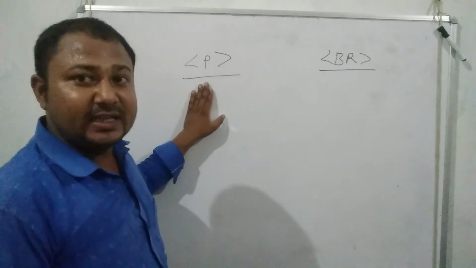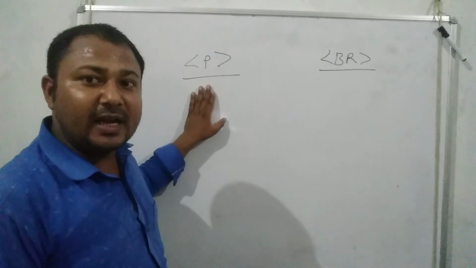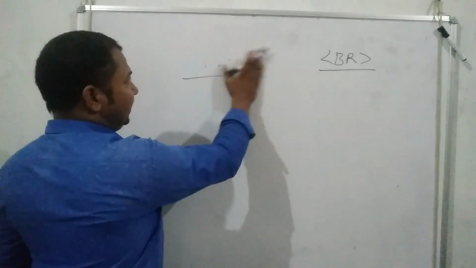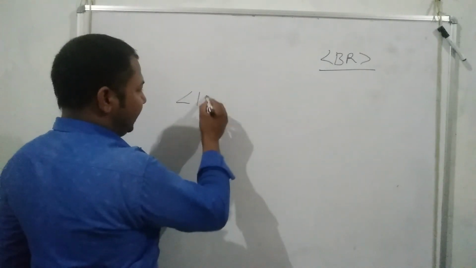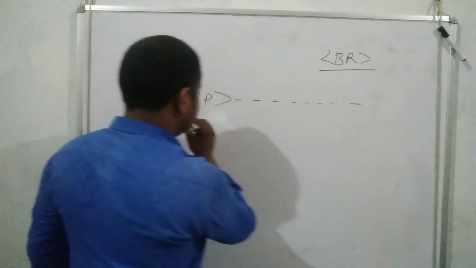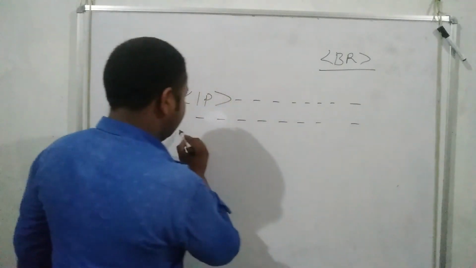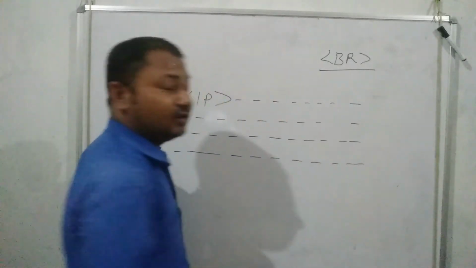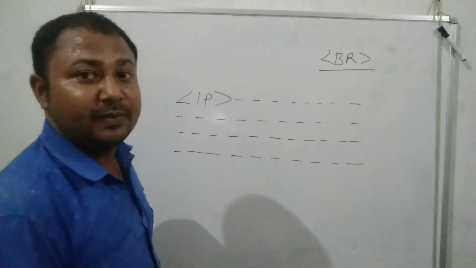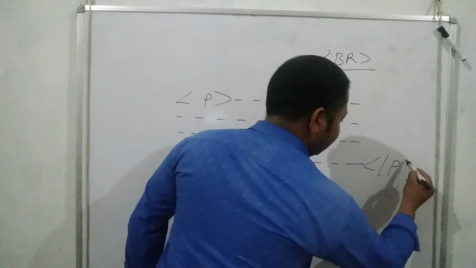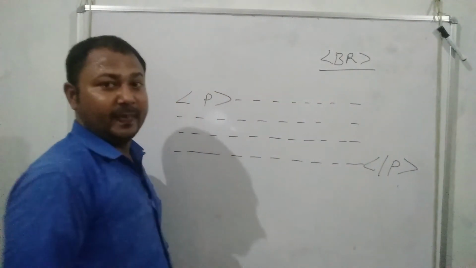Container tag means when we write any paragraph, we have to start with the paragraph tag like this, and here you write whatever paragraph you want, and at the end of the paragraph you have to close the paragraph tag like this.